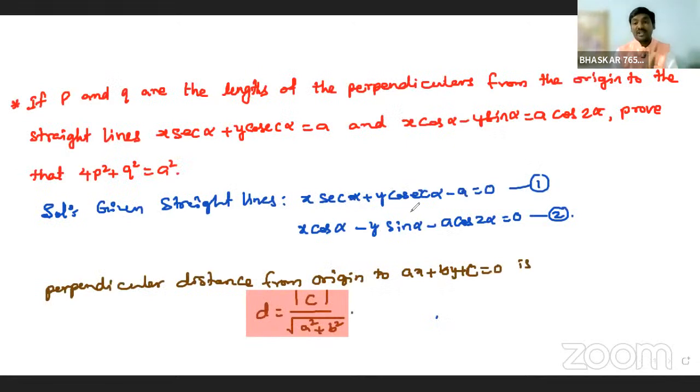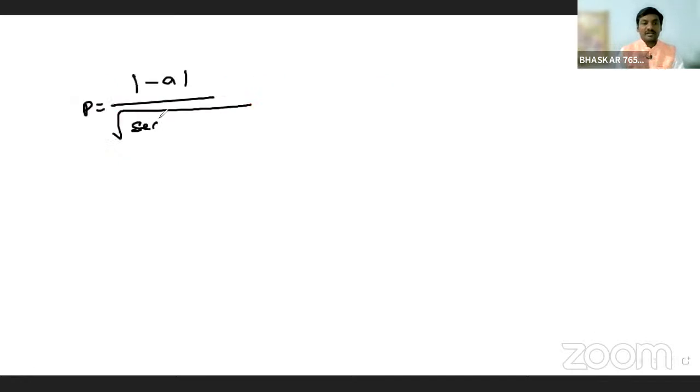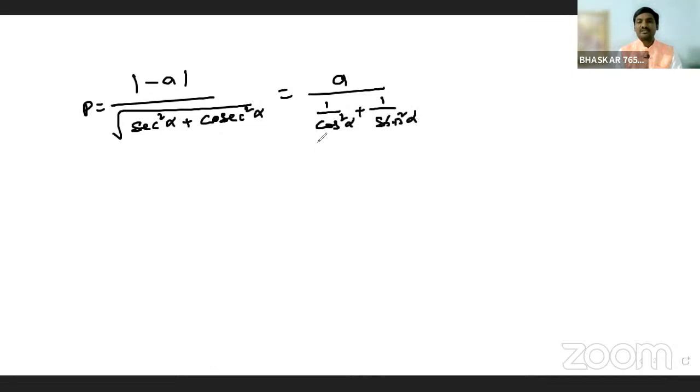That means secant square alpha plus cosecant square alpha. Mod of minus a we can write as a, and secant square is 1 by cos square, and cosecant square is 1 by sin square.